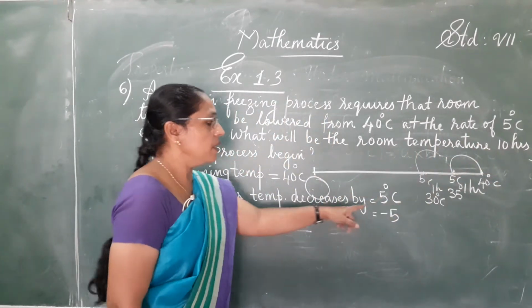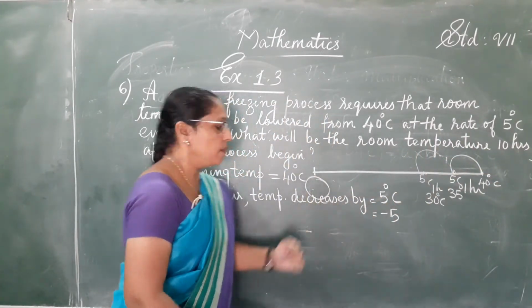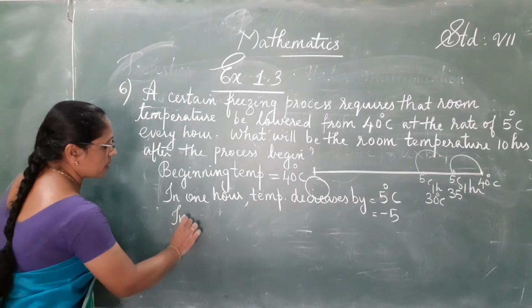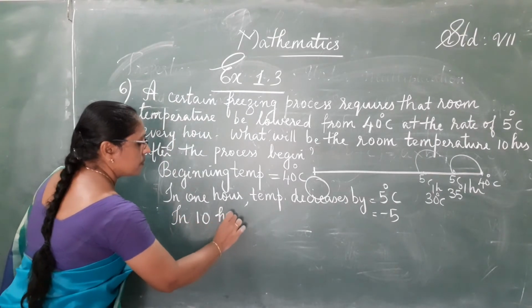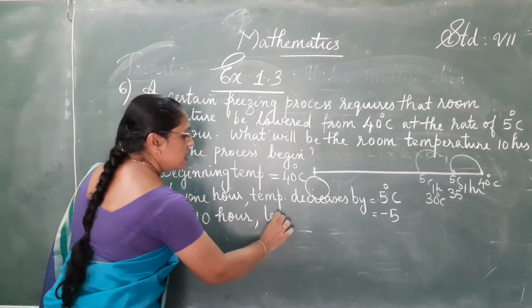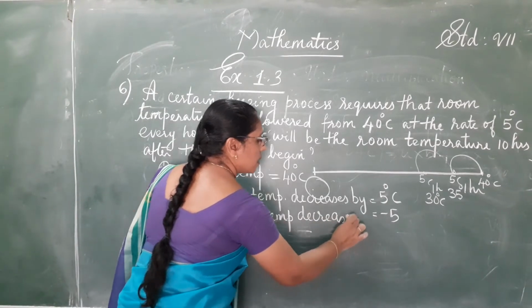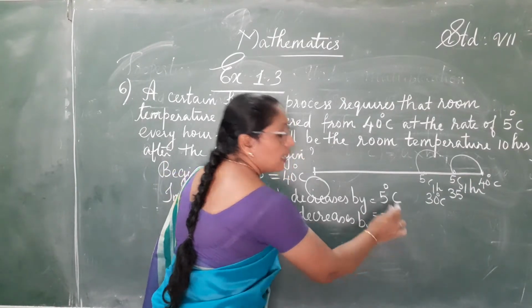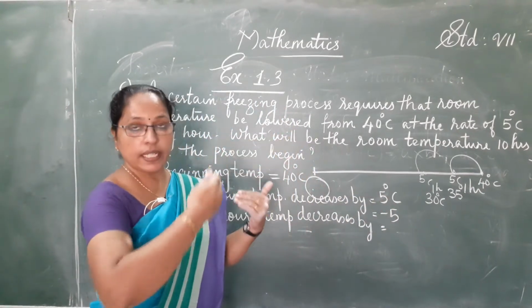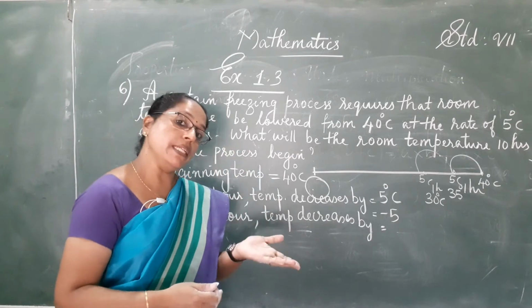So, in 1 hour, 5 degrees Celsius is going down, which means in 10 hours, the temperature decreases by how much?